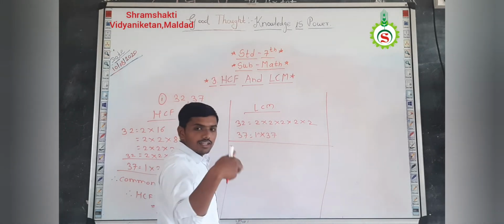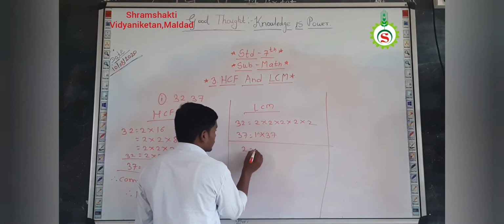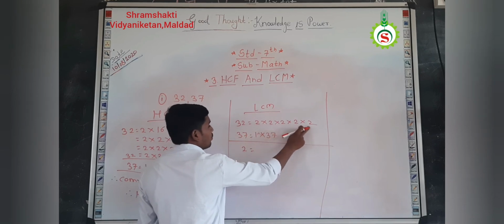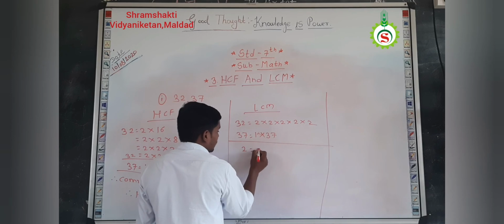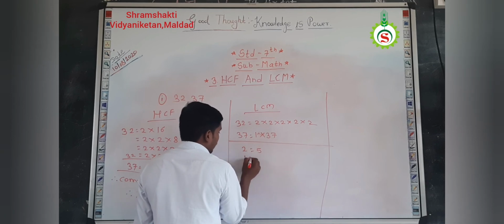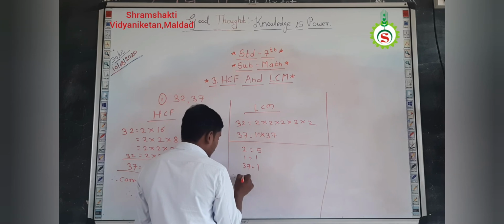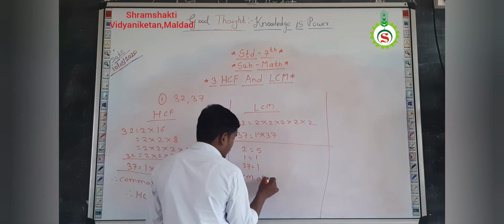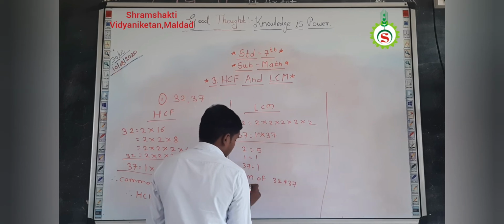I have to take the maximum occurrence of every factor. So 2 occurs how many times? 1, 2, 3, 4, 5 times. Here no 2. 5 times. That means maximum 5 times. Now that 1 occurs only one time and 37 occurs how many times? Only one time.